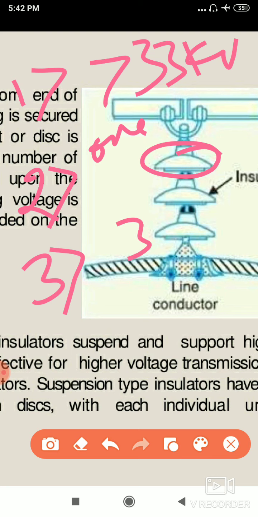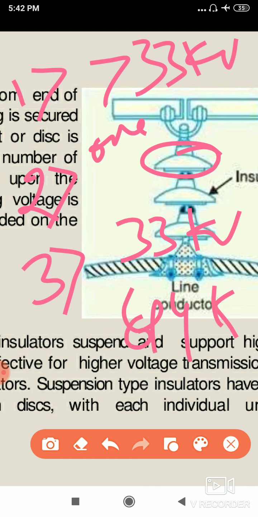Suppose this is a 33 kV line and I want 44 kV. You don't go for a new insulator; you just modify that insulator and put one more disc for higher voltages. I think the point is clear, right?